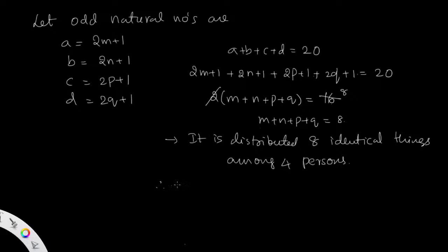Therefore, using the Beggar's formula, that is 8 plus 4 minus 1 C 4 minus 1, which is equal to 11C3. Options are 11C3, 10C3, 9C3, 12C3. So 11C3 is the answer.